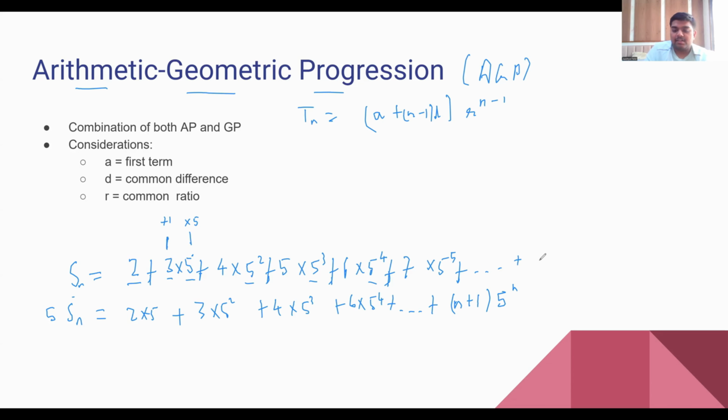And here the nth term would be n plus 1 into 5 to the power n minus 1.